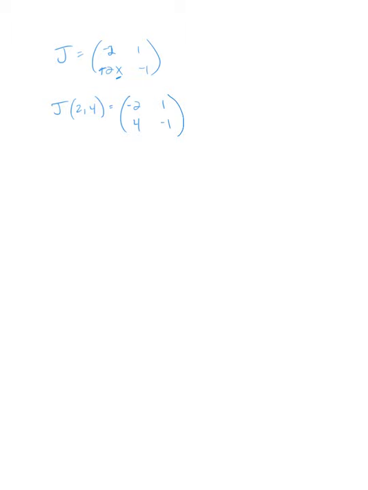And now I'm going to find the phase portrait for this linearized matrix A. So I calculate the determinant of A minus lambda I. So that's going to be -2 minus lambda, 1, 4, -1 minus lambda, which is (-2 minus lambda) times (-1 minus lambda) minus 4.